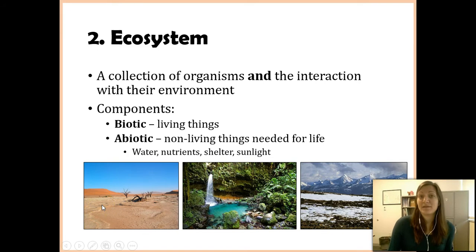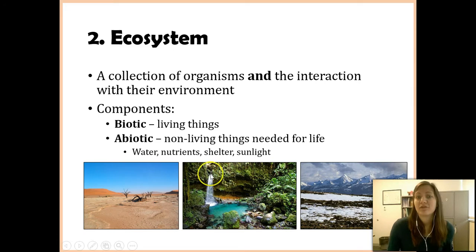Although we can't see them in this picture, I'm sure there are tons of bacteria in here which are living things. But some abiotic factors would be things like this sand, these rocks in the background, the temperature. So in a desert, the temperature, again, not living, but something incredibly important for life.